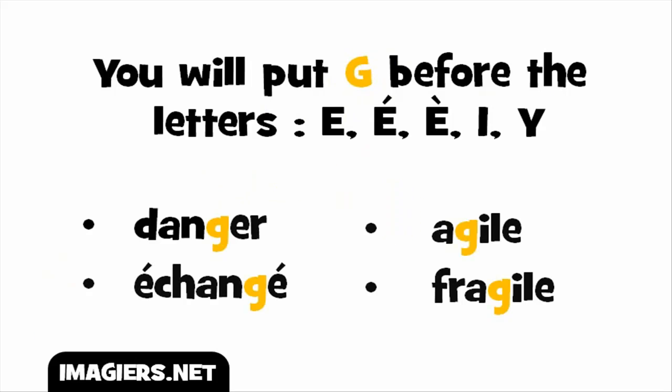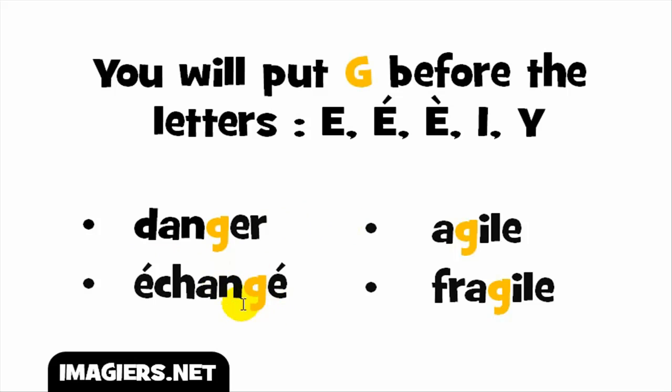So we'll see a few examples. The first one here, so you get G and then this R, the sound goes like E, okay. So you get the full word, danger, danger, okay.